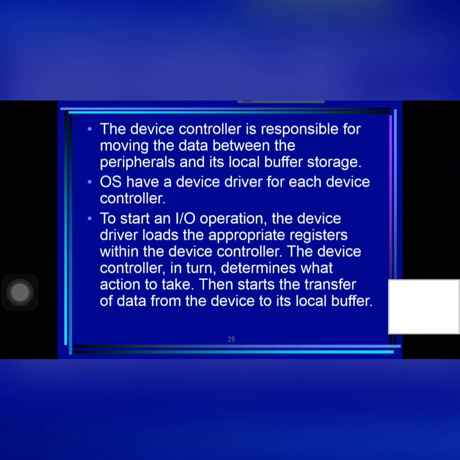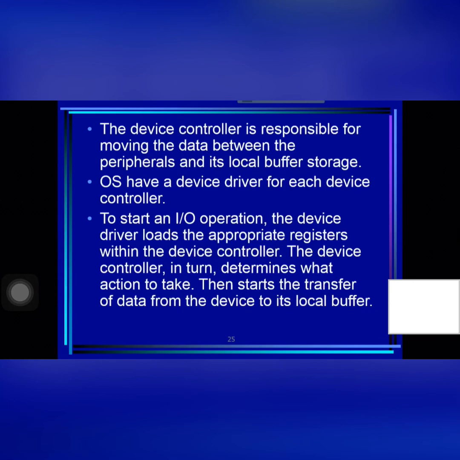This device driver understands the device controller and provides the rest of the operating system with a uniform interface to the device. To start an I/O operation, the device driver loads the appropriate registers within the device controller. The device controller in turn examines the contents of these registers to determine what action to take. The controller starts the transfer of data from the device to its local buffer.